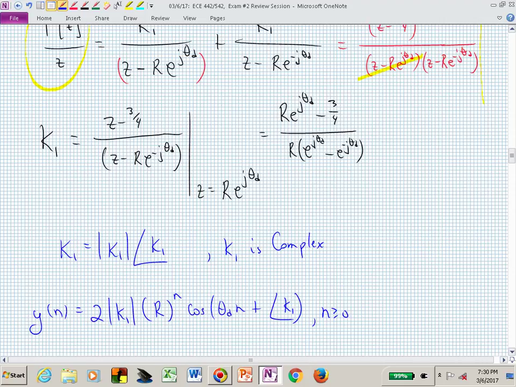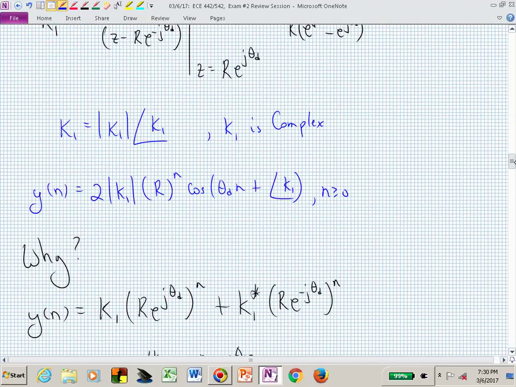What I'm doing now is just trying to convince you that yes, indeed, y of n is that blue formula if you have found k sub 1 and k sub 1 star. In general, you're going to have a k sub 1, a k sub 1 star, maybe a k sub 2, a k sub 2 star, maybe an A, maybe a B, where the A is on top of a real pole, the B is on top of another real pole, and you have all of these pieces.